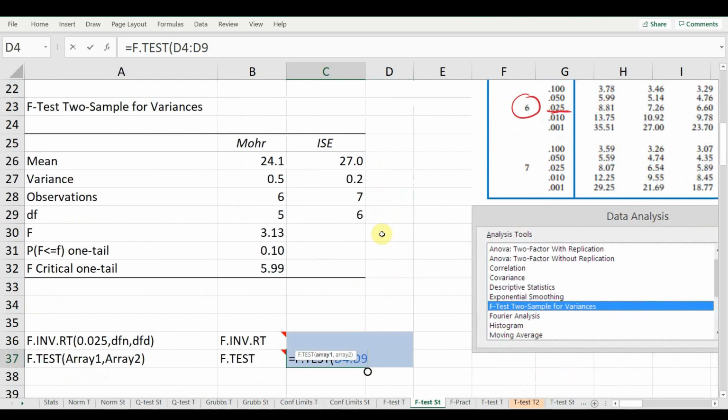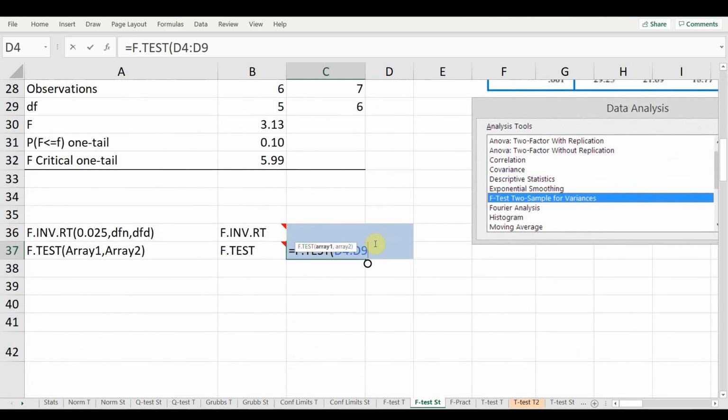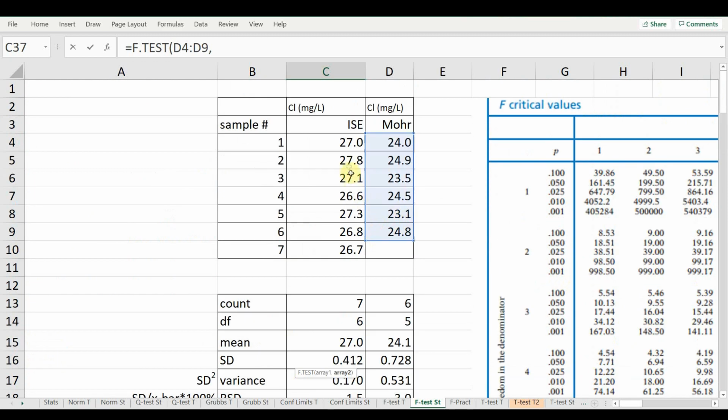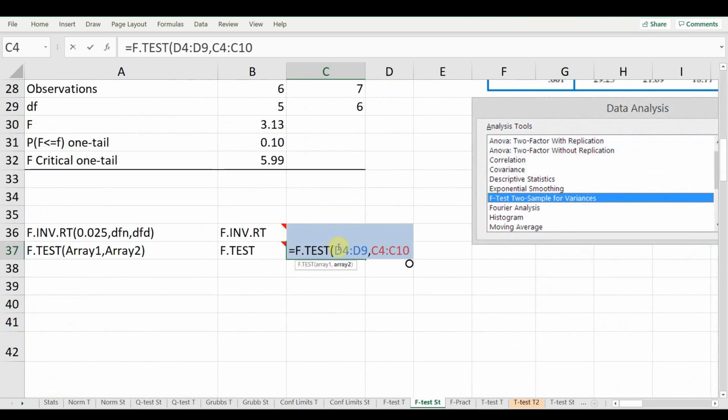We don't include the labels this time. And here's the second array of samples. Close bracket. So our probability is in fact 20% that the differences in the variances of these two methods is only due to random chance, random variation, at the 95% confidence level.